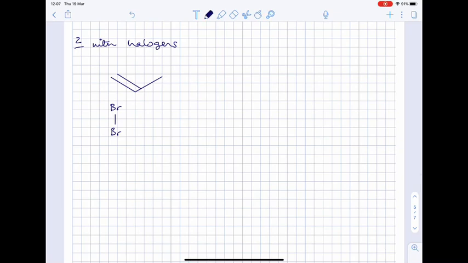So I'm going to get an induced dipole. This bromine here, closer to the double bond, will be electron deficient because the electrons are going to move towards the other bromine, and that's an induced dipole.